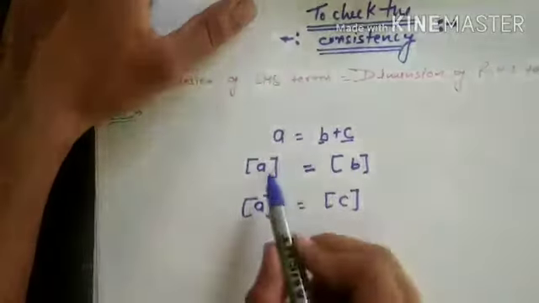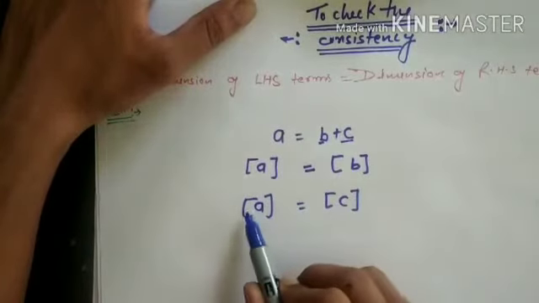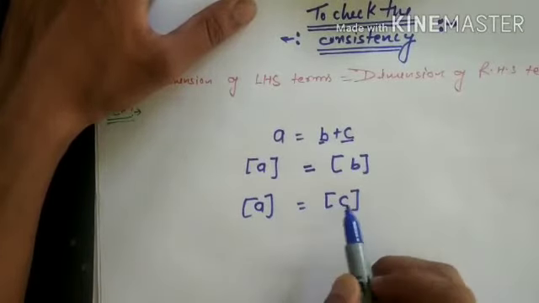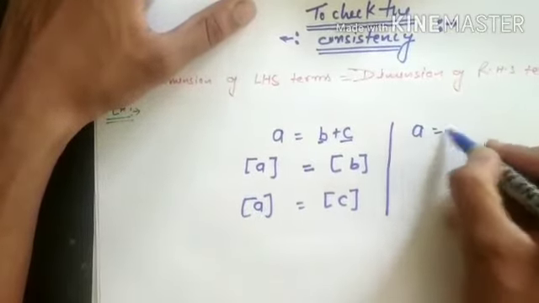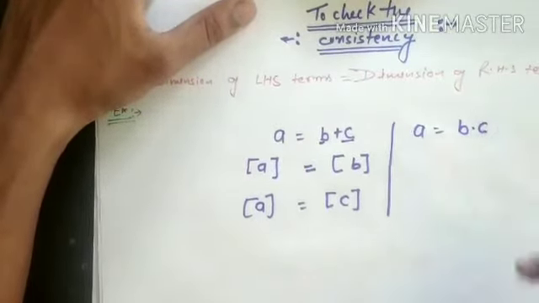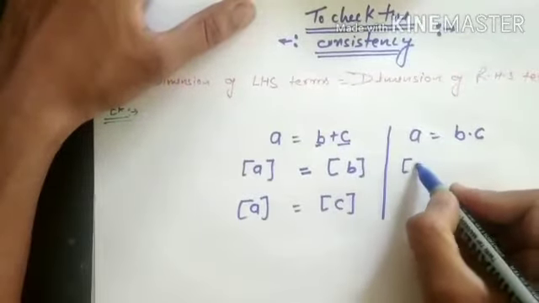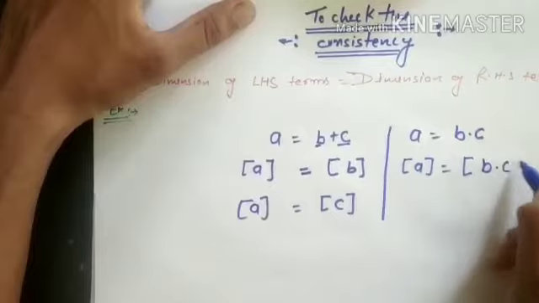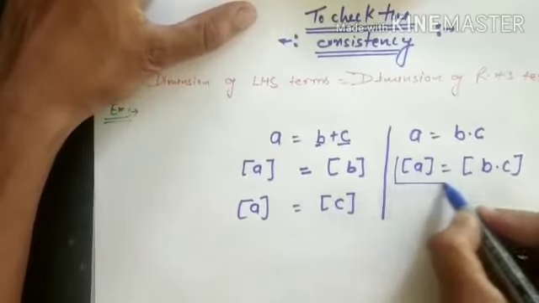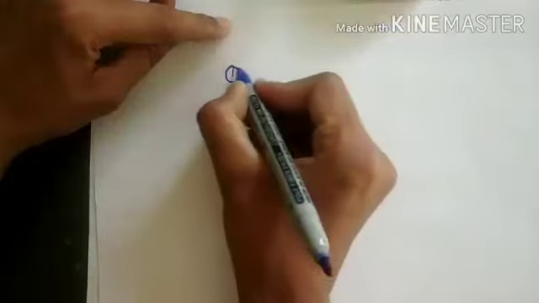Let's consider another relation, A equals B into C. Then the dimension of A must be equal to the combined dimension of B and C. So this is the basic rule.